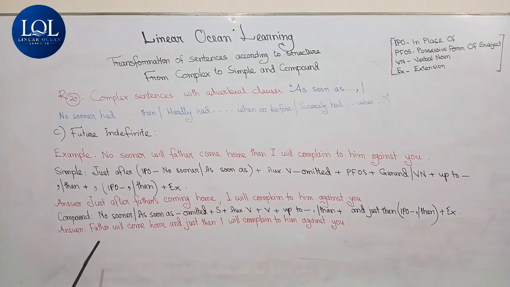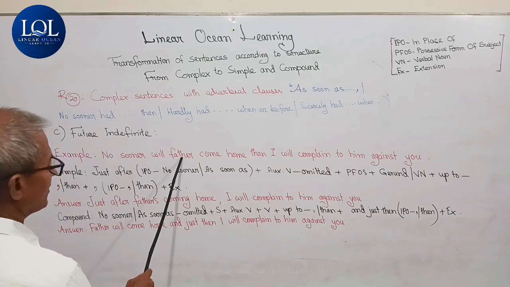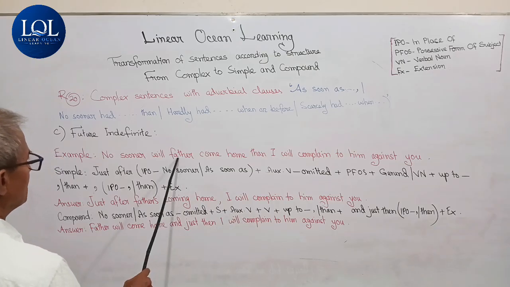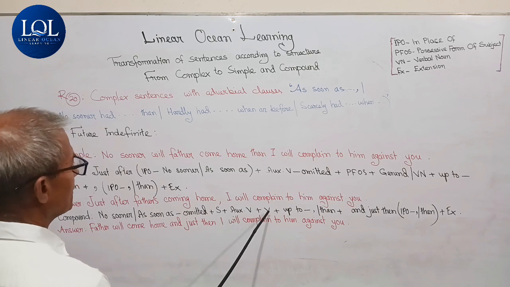Now the compound sentence. The structure to be followed is: no sooner or as soon as omitted. That means here no sooner or as soon as will be omitted. Plus subject. The subject is here father. Plus auxiliary verb. After the subject, the auxiliary verb will come. Plus verb.